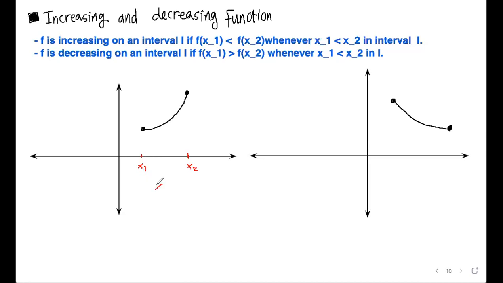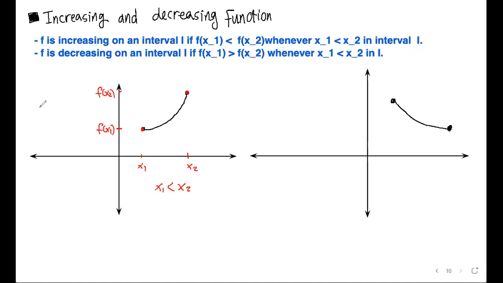Since x1 is less than x2, and x1 has f of x1 here, and x2 has f of x2 here.